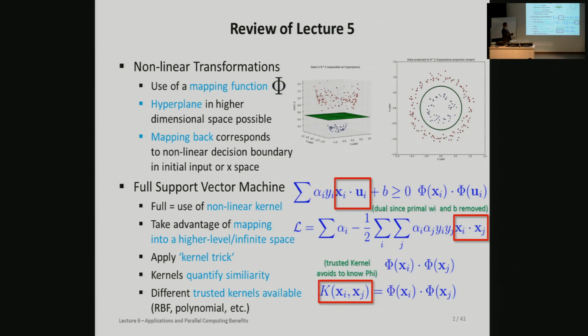And the beautiful thing is we've seen that not only the Lagrange optimizer is a dot product, also in the end the decision rule is one. And we just stick in there several trusted kernels that should transform our data into some sort of feature space.